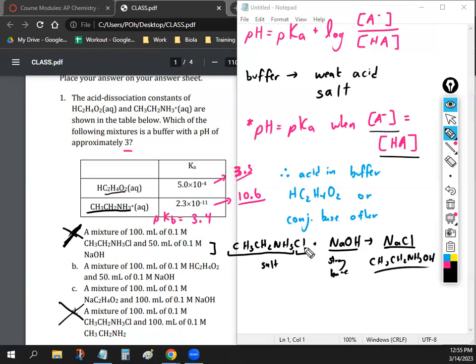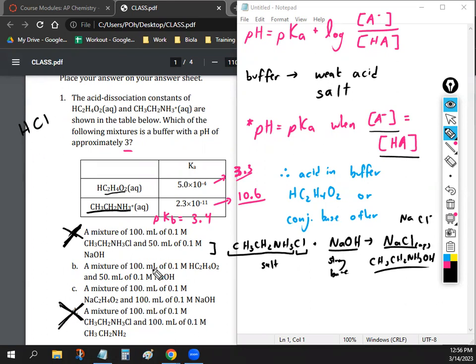Because Cl is the conjugate base of HCl, it's going to want to turn to NaCl, which is aqueous, so Na plus and Cl minus. So this Cl is just going to want to dissociate because it's the conjugate base of a strong acid. Does that make sense? Okay, so if you got that, this option is not going to work.